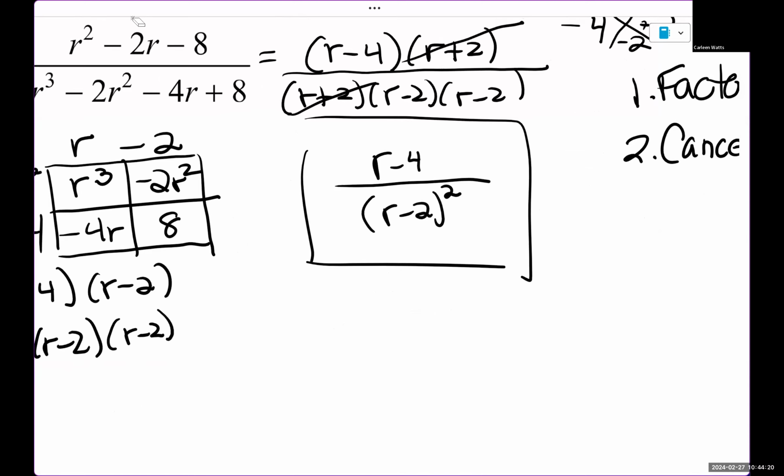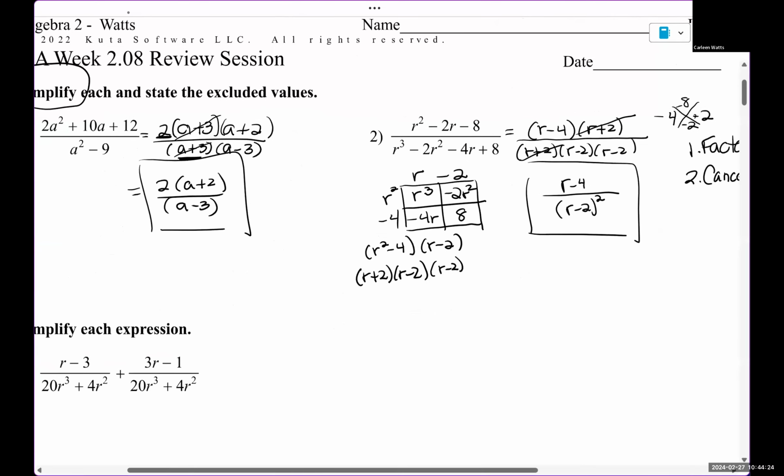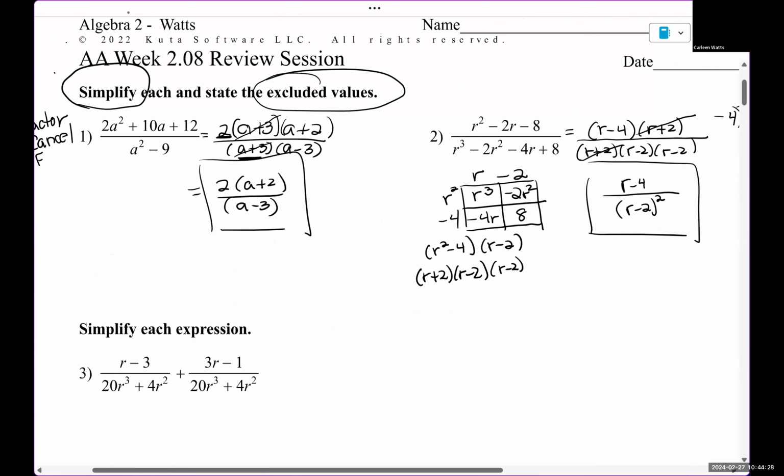Can I cancel the 4 and the 2? No. Okay, so what does this say? State the excluded values. Okay, so state the excluded values. We go back up to, let's see.